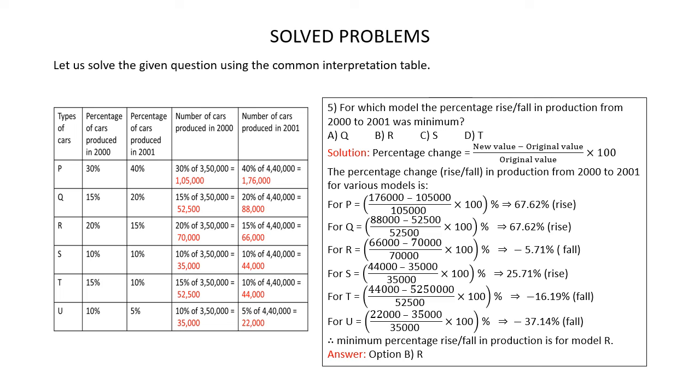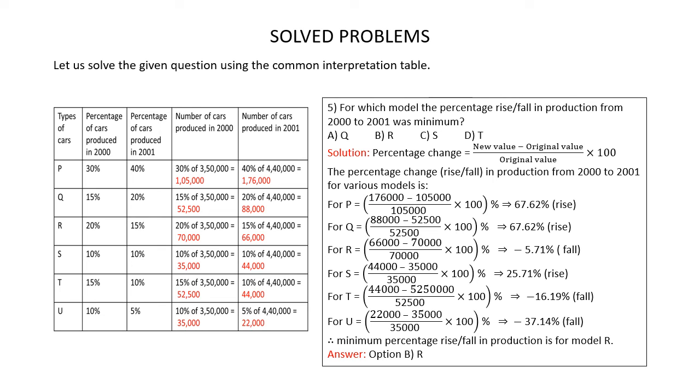So use the formula percentage change is equal to new value minus original value divided by original value multiplied by 100. So first, let's find the percentage change, that is rise or fall in production from 2000 to 2001 for the various models.